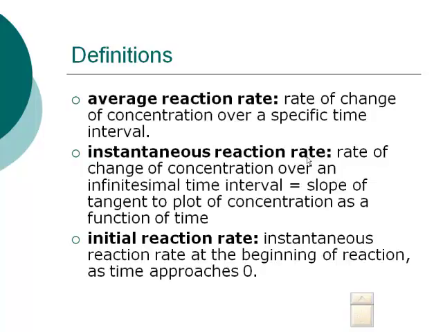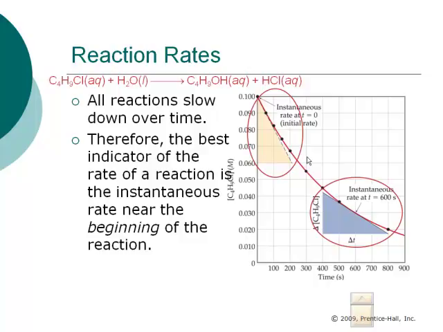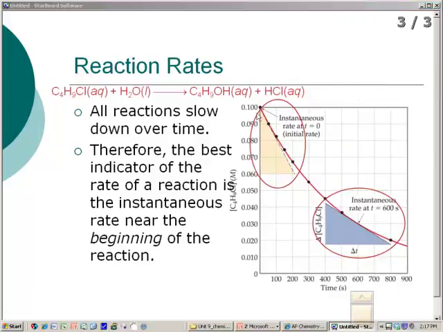And then finally, the third definition here is the initial reaction rate. Did you notice that for the initial reaction rate back here on the slope, the line that is formed for the instantaneous reaction rate right here is really close to the actual line? You see this that I'm drawing right here?